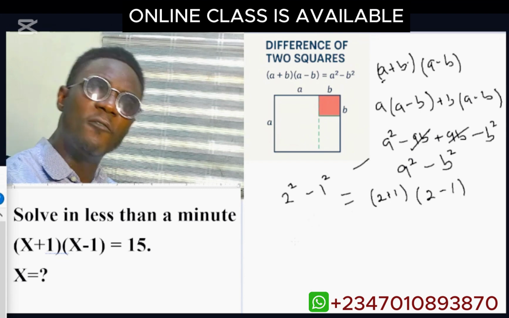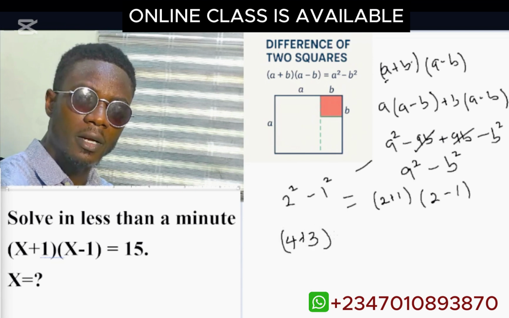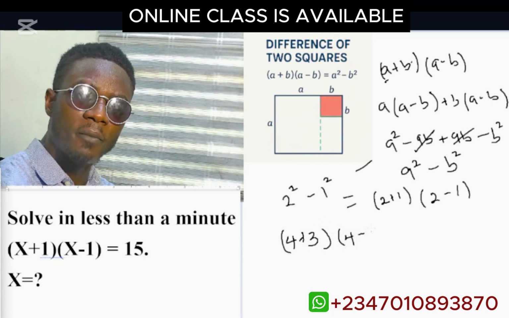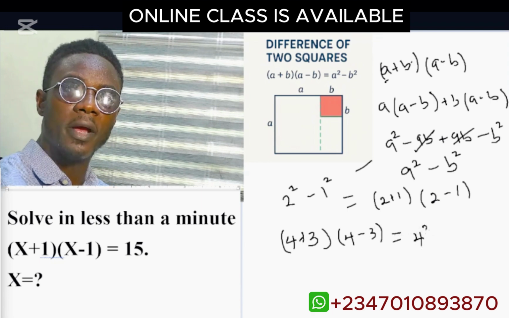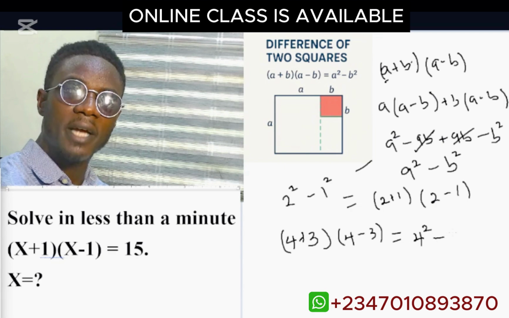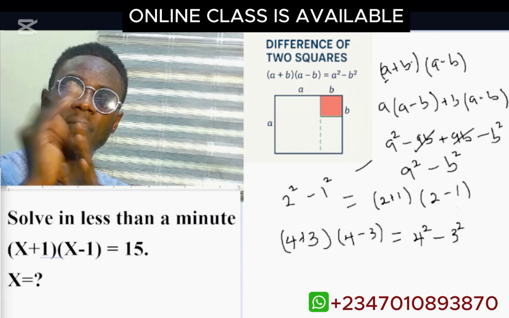The same thing if we have (4 + 3)(4 - 3): this can be written as 4² - 3². It's just an identity once we understand the way it functions.